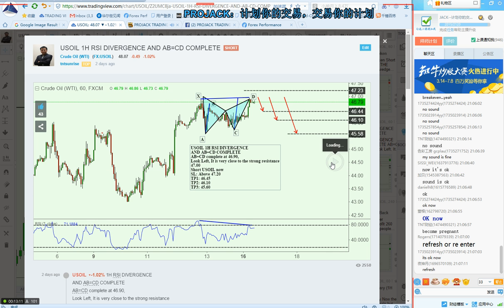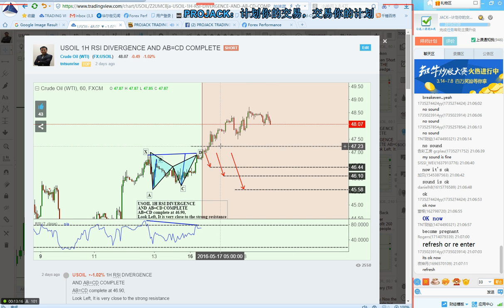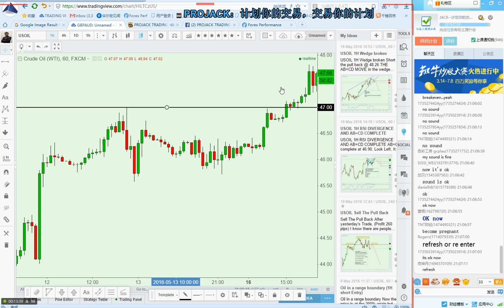And then it became a losing trade. You can see after here, it took the stop loss and then went all the way up. If I had never stopped out here, I would be losing a lot of money, from 47.23 all the way to 48.72, another 150 pips. But this losing trade only lost me 30 or 40 pips.